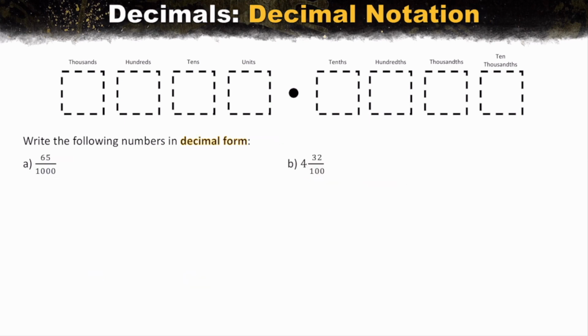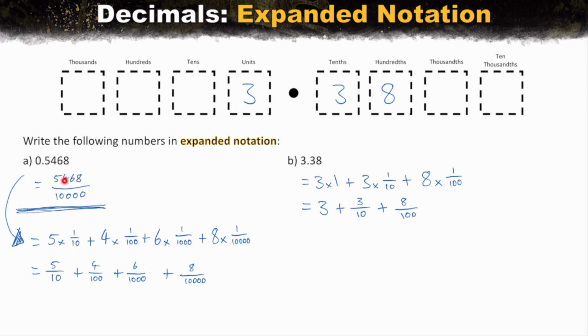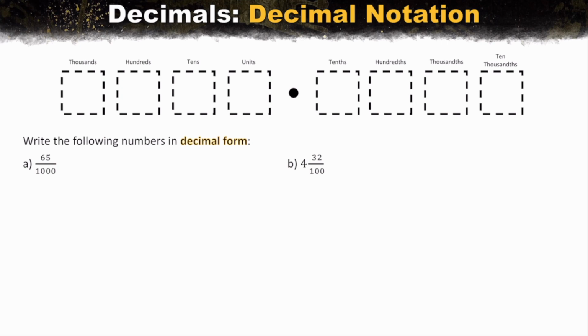Now, one last thing is how do we get a fraction back into decimal form? And this is the whole reason why I'm showing you things like this, because this is the easiest way to represent a fraction back straight into its general form. So let's look at this. We have 65 1,000ths. We go, well, the 1,000ths isn't here, it isn't here, it's here.